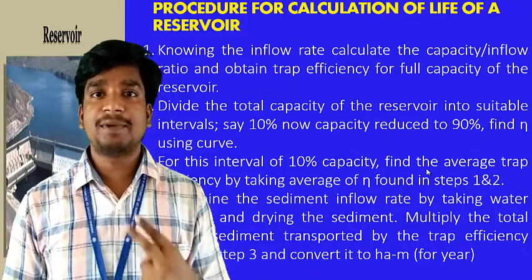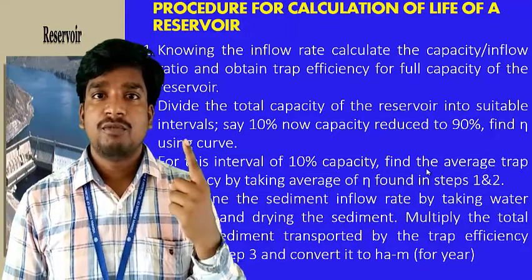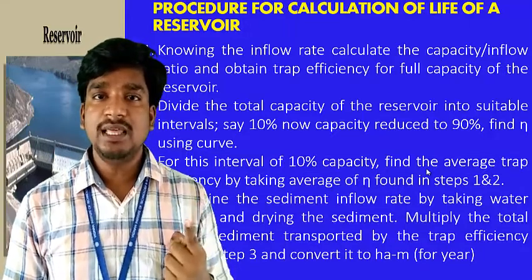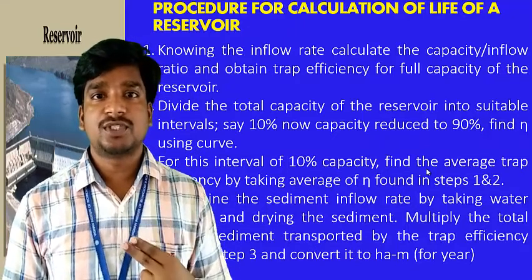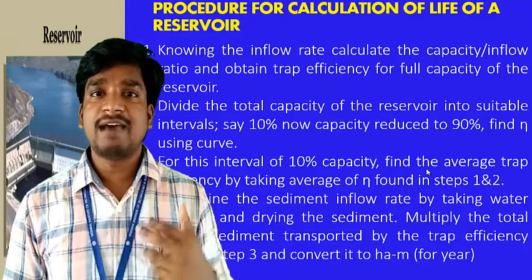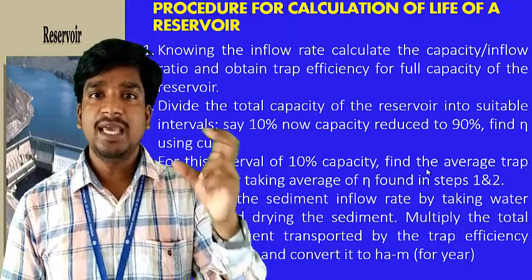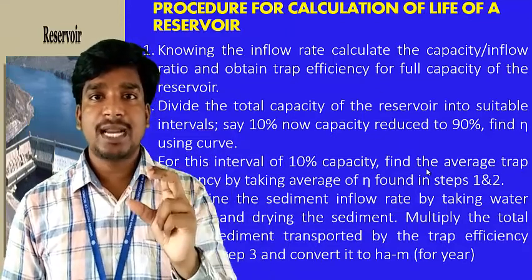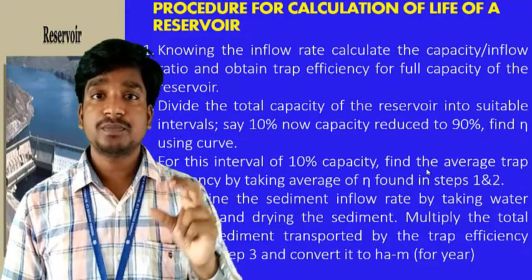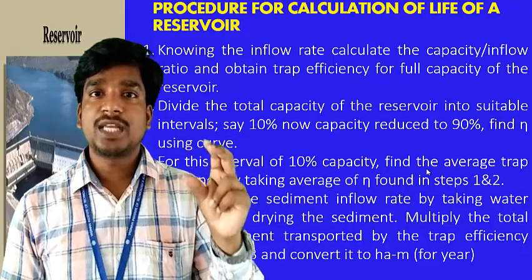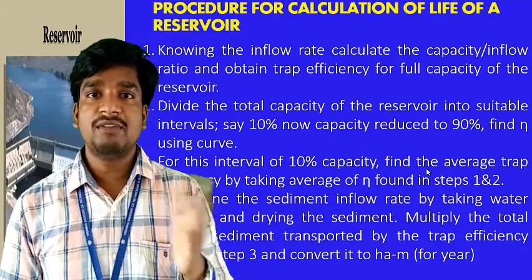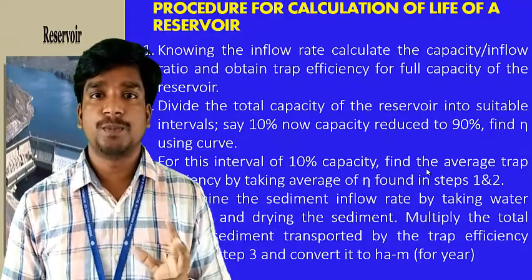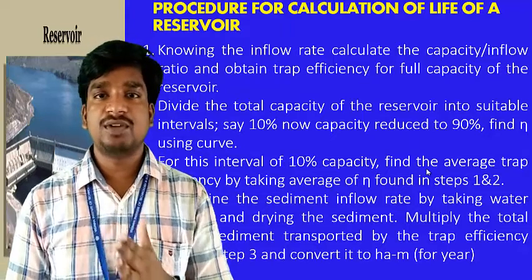Now we got two trap efficiencies: one when the reservoir is at full capacity, and the second at the reduced capacity of 90%. Now let us take the average of these two. Now let us assume we have taken the average of these two.